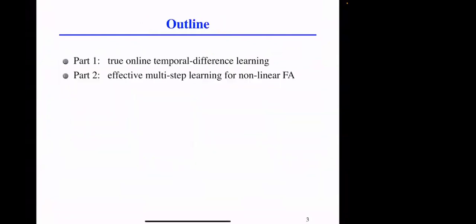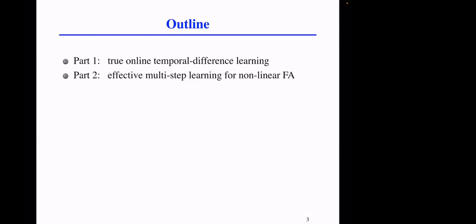So the outline is: first I'm going to talk about True Online Temporal-Difference Learning, which is a variation of eligibility traces that is a better version.